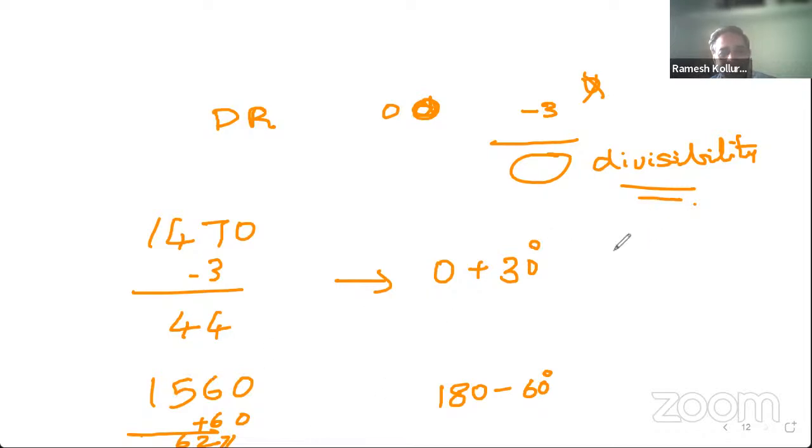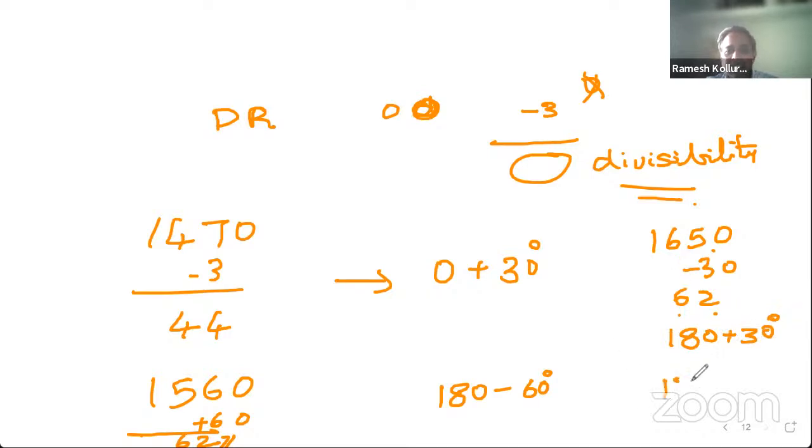If I take the next number, 1650, again the digital root is 3. Odd means subtract. After subtracting, I get 62, not divisible, so 180 plus 30. If I take 1740, what is the digital root? 3, right?